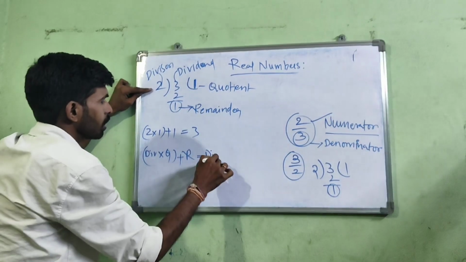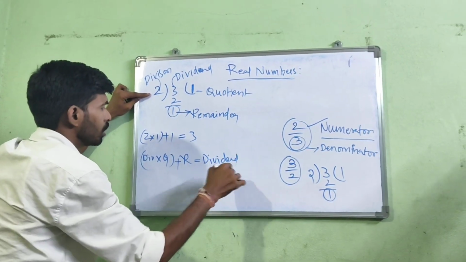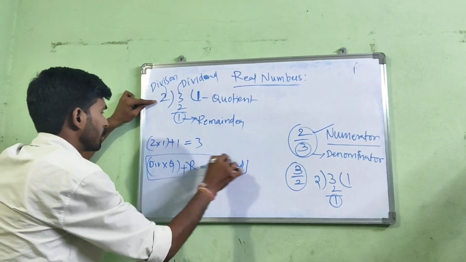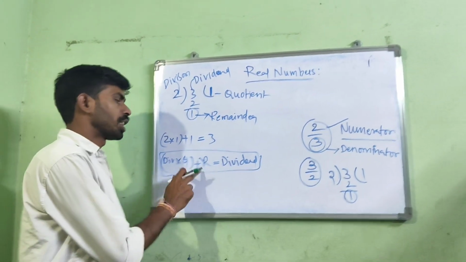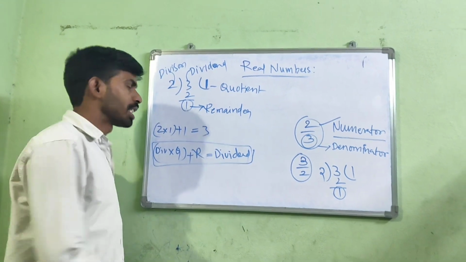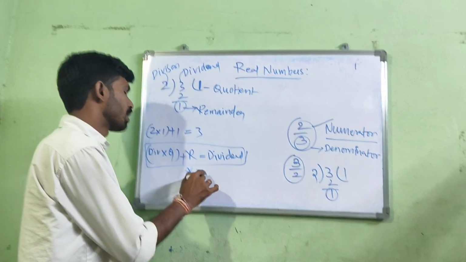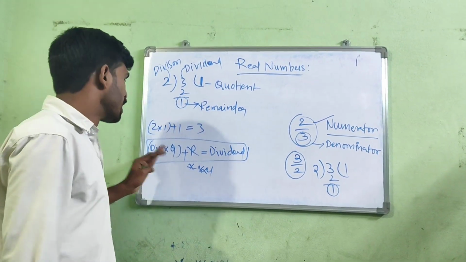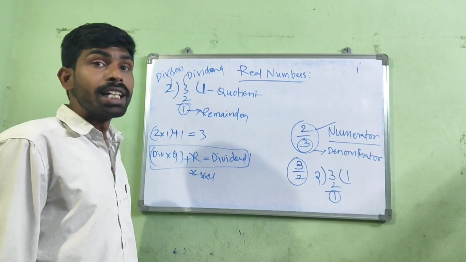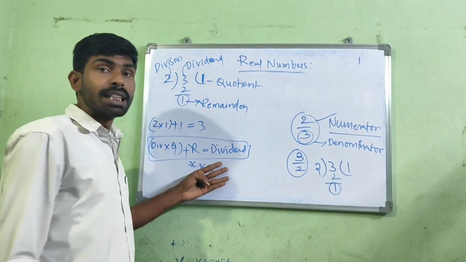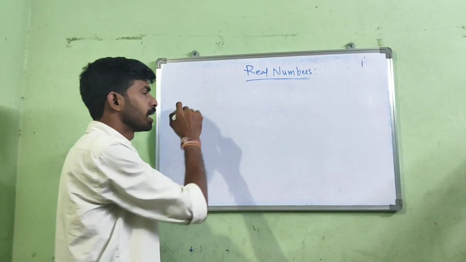Dividend. This is the formula we can form from that. Simply, divisor into quotient plus remainder is the dividend. This is very important.